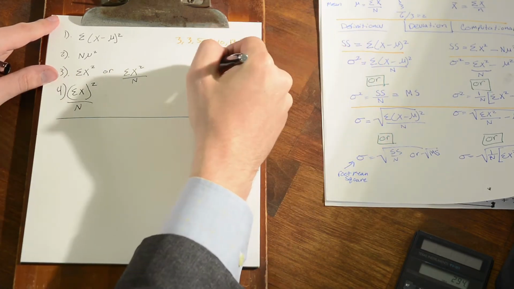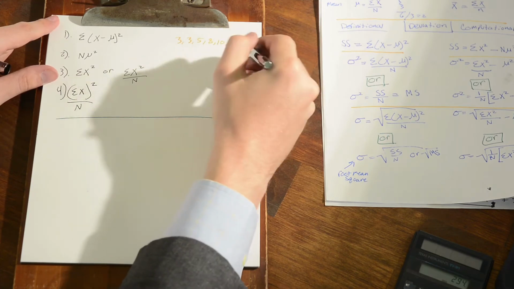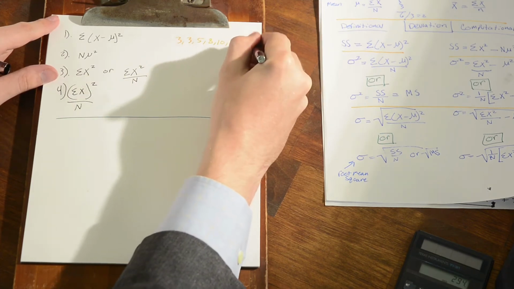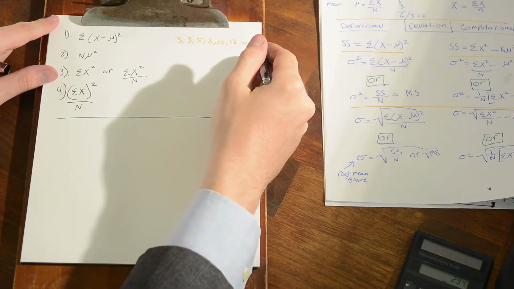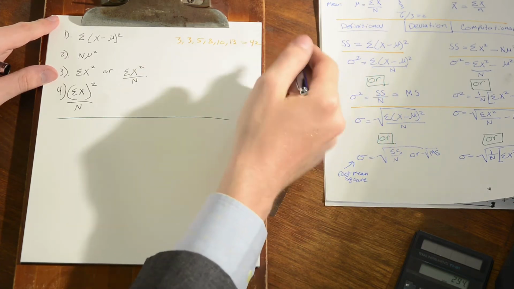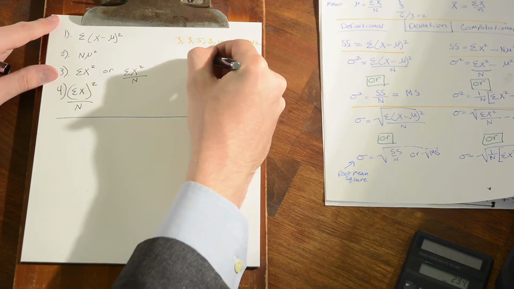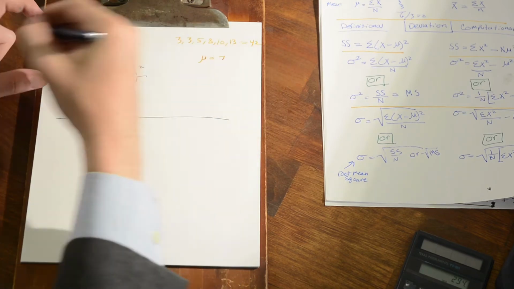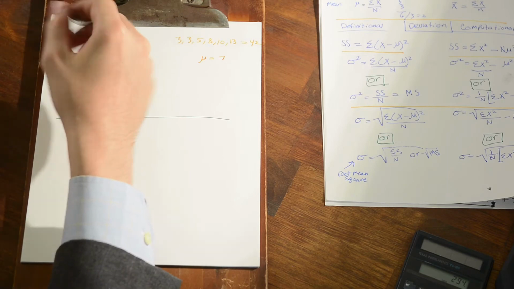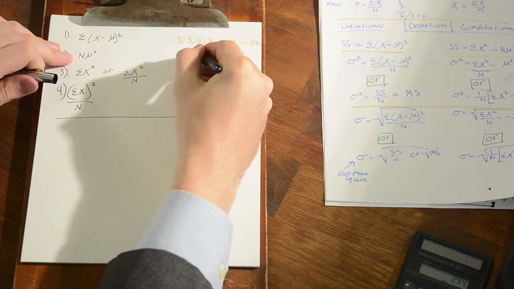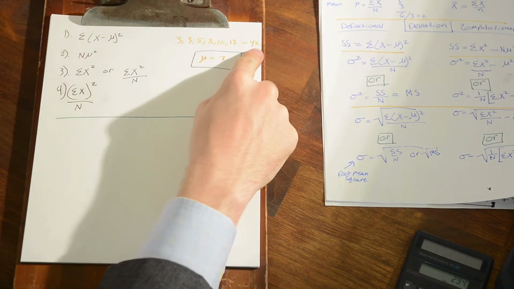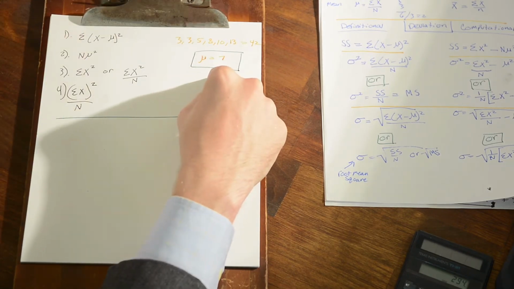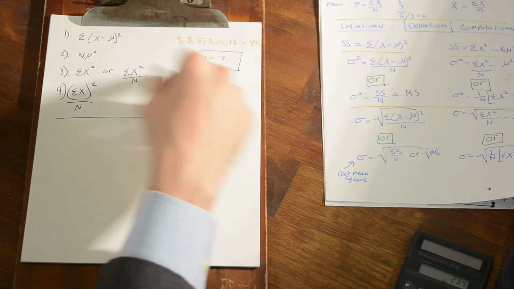That adds to 42. And 42 divided by 6 is calculating our mean, which means that mu is equal to 7. That's pretty good. No multiples of 5 in either our total or our mean. I can work with that.